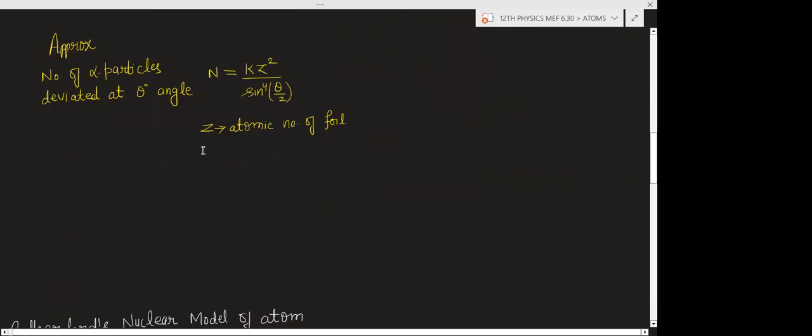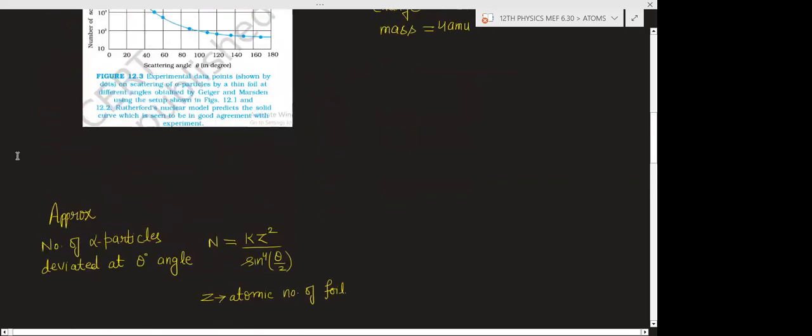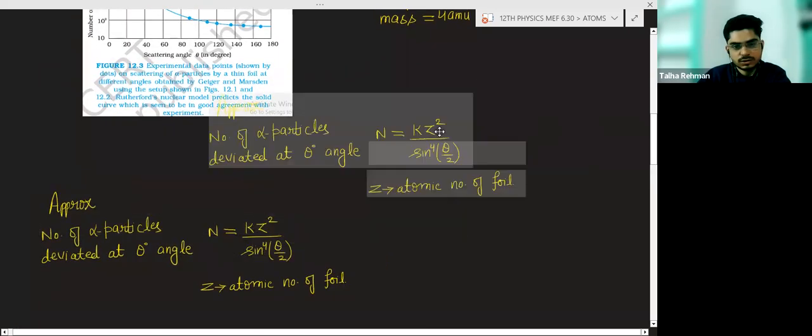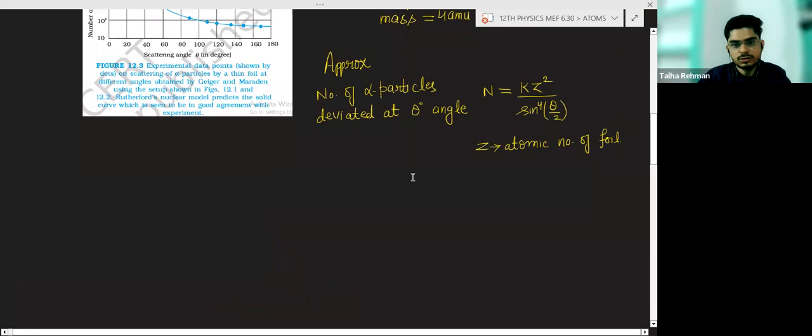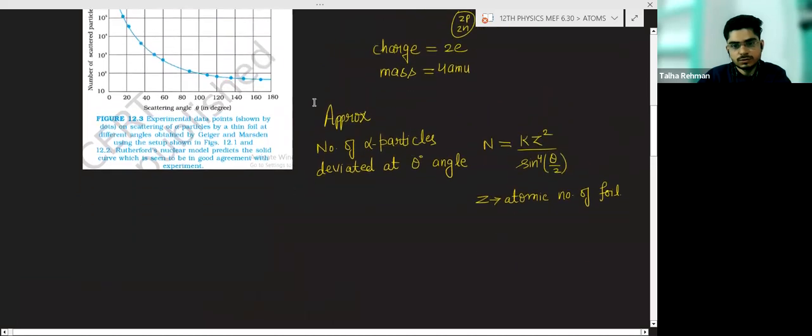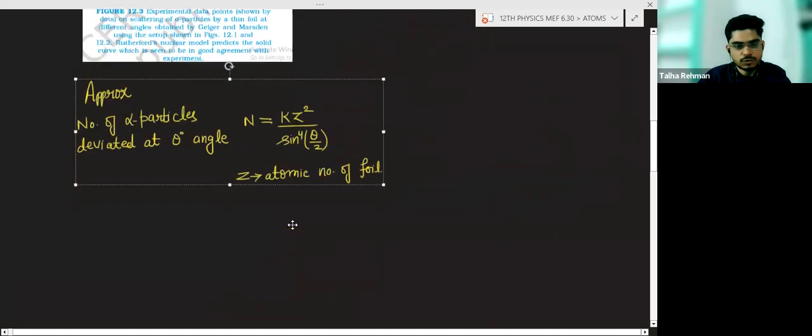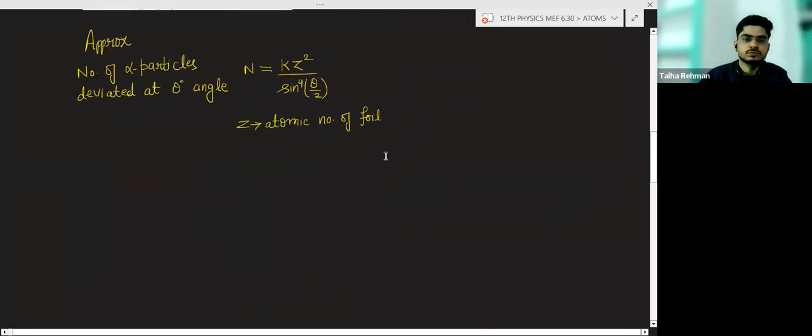Okay. So you will get this formula. Take the screenshot of this formula also. So approximately this formula is given.